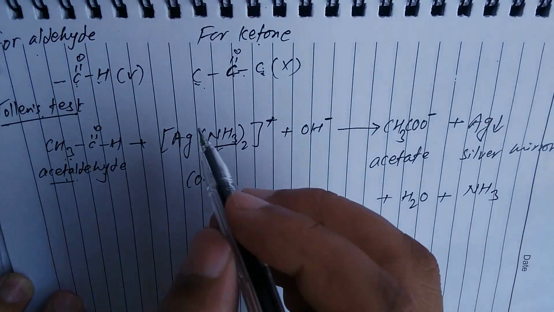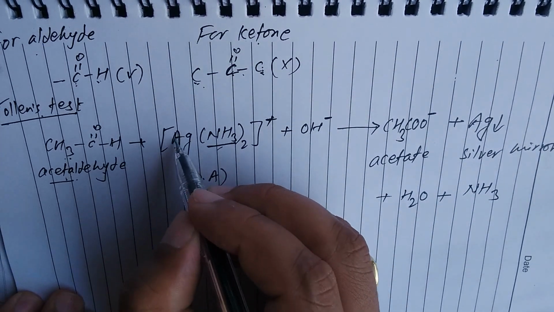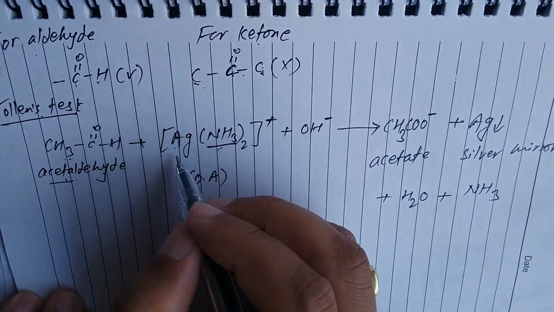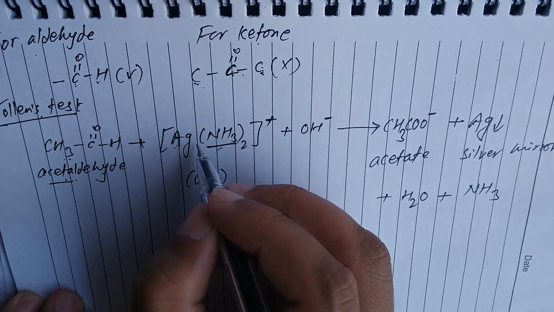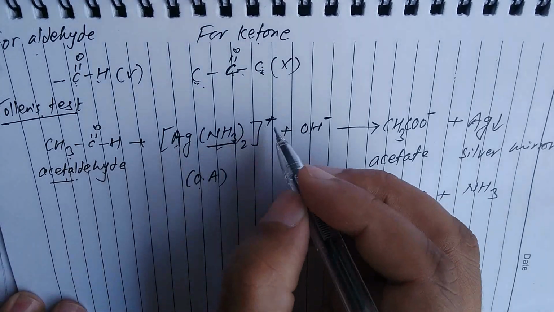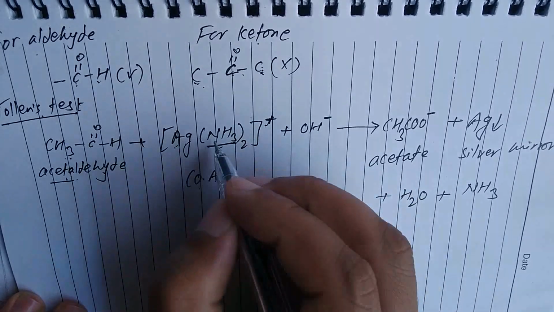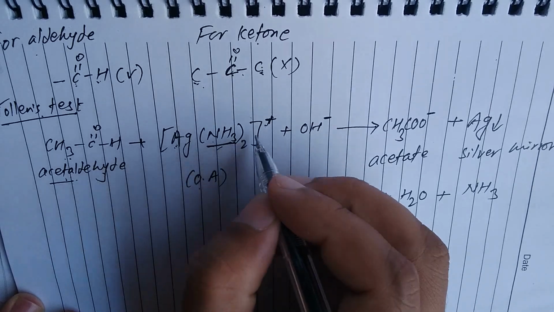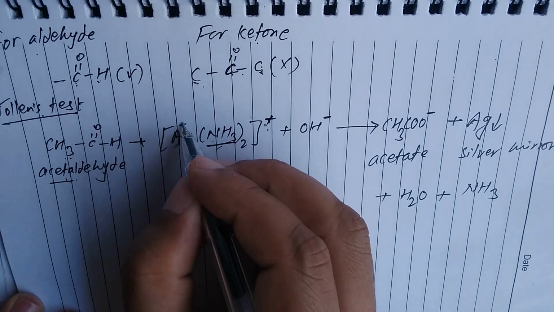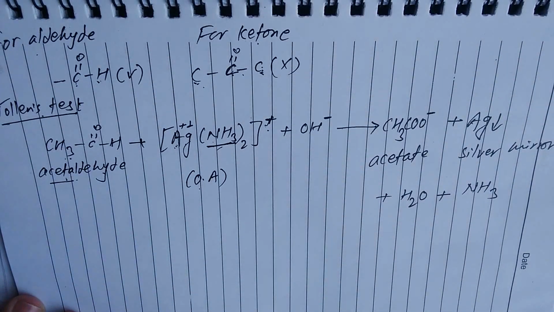Here we see that this reagent is the oxidizing agent, and in this Ag, silver is in +1 oxidation number because ammonia is in 0 oxidation number, 0 into 2, and total equals +1. So Ag is in +1 oxidation number.